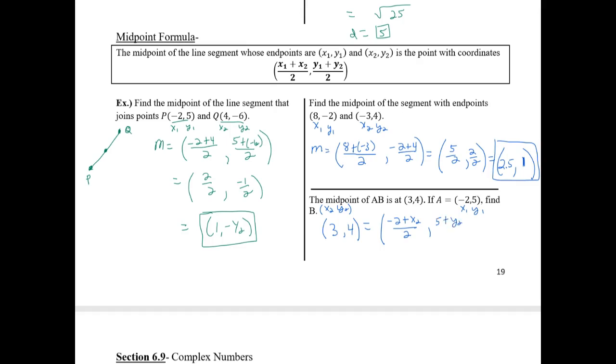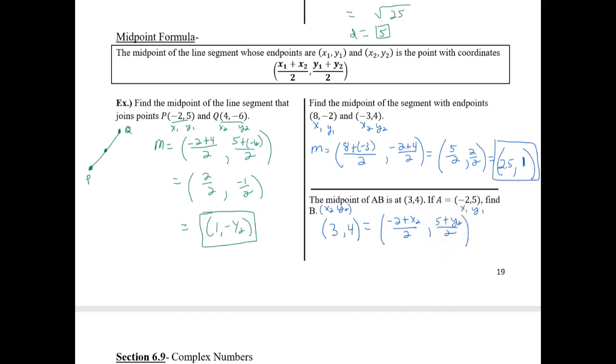I don't know anything about y2 because I don't know the B endpoint. Divide by 2, and there's the coordinate. But as you can see here, the 3 is tied to the x coordinate of our midpoint. The 4 is tied to the y coordinate.